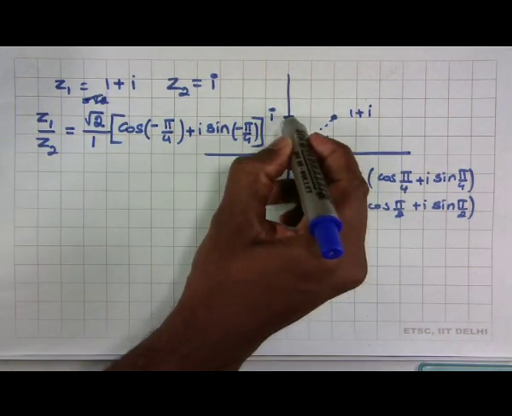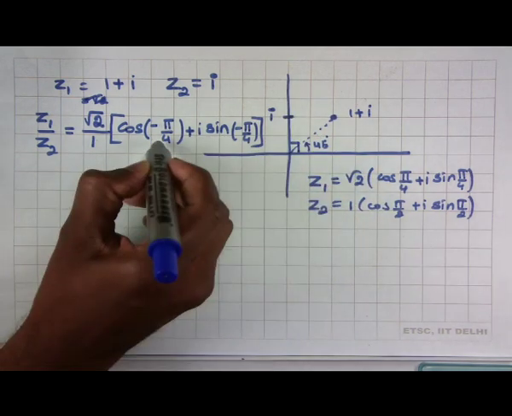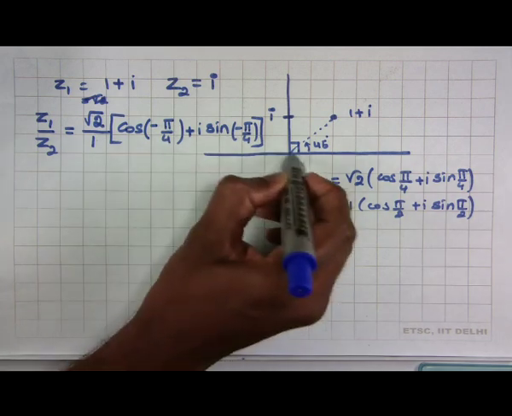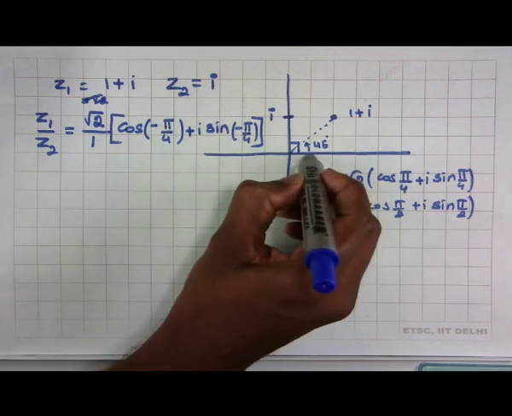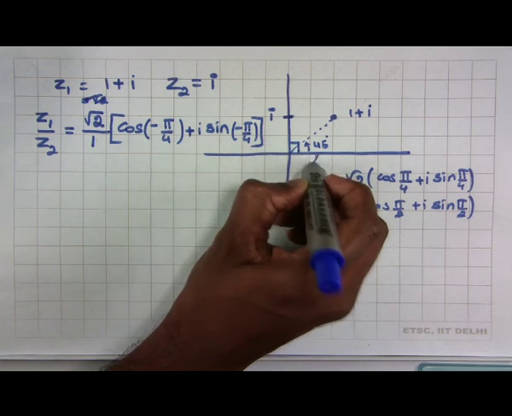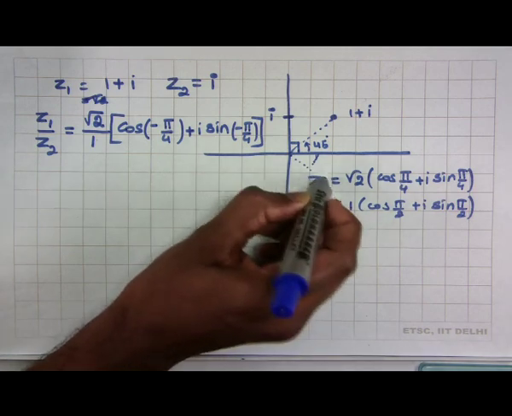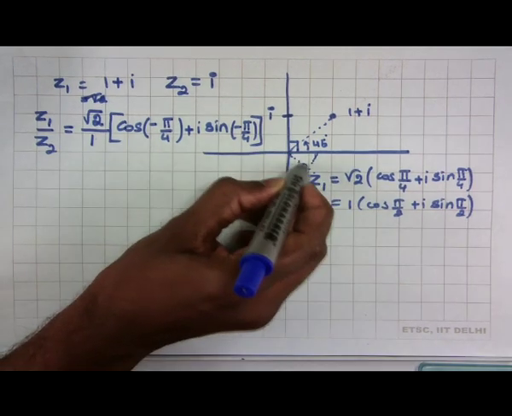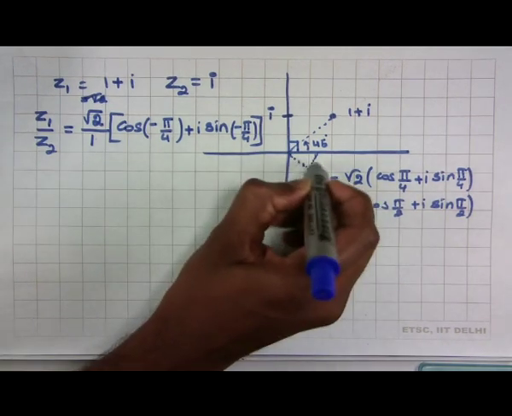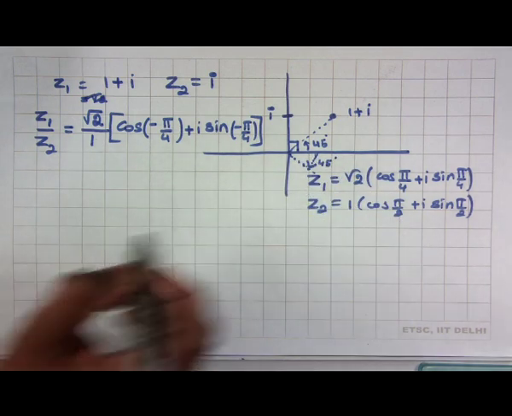So, what we are getting is a vector with a minus 45 degree angle. As I mentioned, the minus sign denotes that it is measured from the x axis in the clockwise direction. So, the vector goes with 45 degree in the opposite direction.